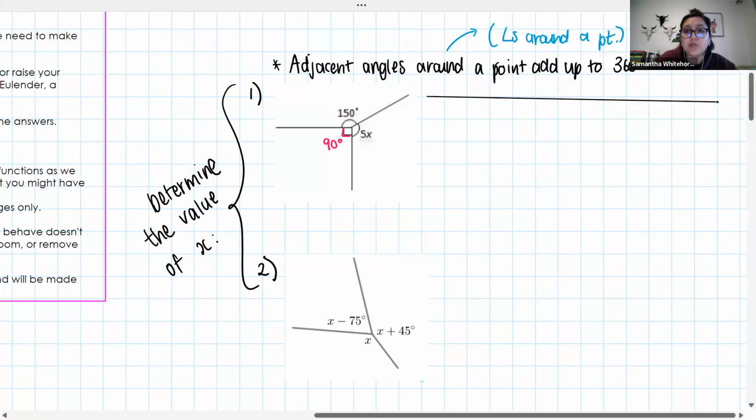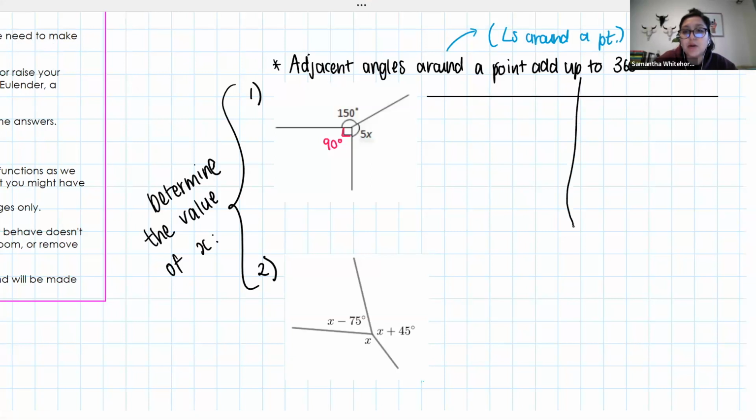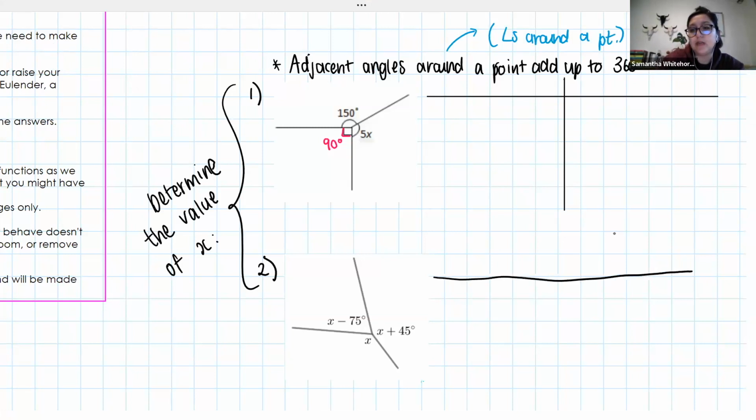Also remember, if you want, you can set up your page in 2 halves, 1 half for your statement, 1 half for your reason. I can't draw a straight line, so that's all right. Because remember, like we said on Monday, you have to have a statement and a reason to go with that statement.